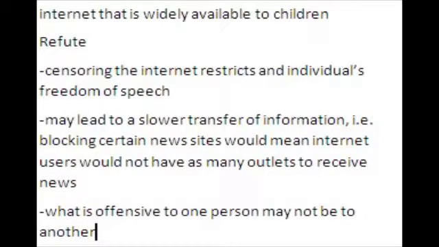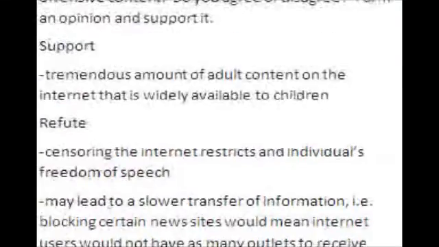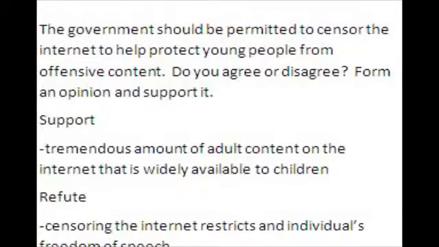The thesis needs to be written as an exact response to the essay question. So this essay question reads, the government should be permitted to censor the internet to help protect young people from offensive content. Do you agree or disagree? Form an opinion and support it.